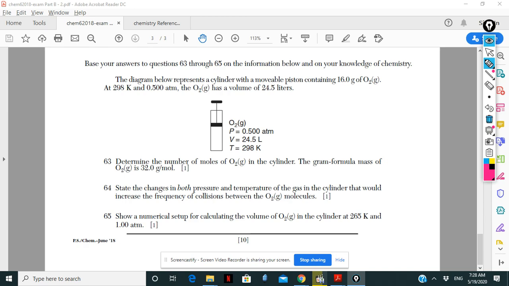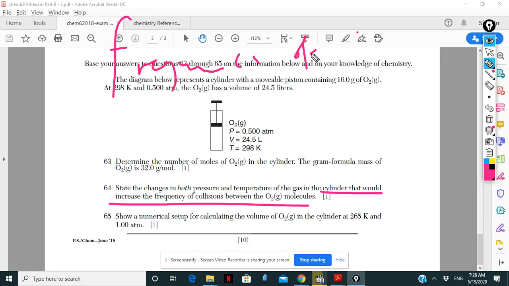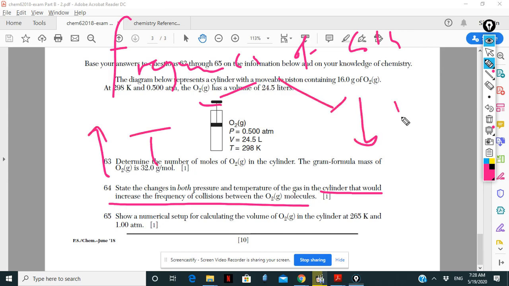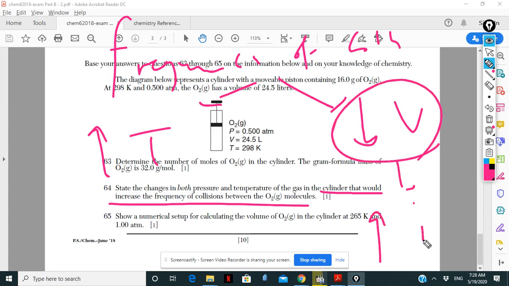Question number 2. State the change in both pressure and temperature of the gas in the cylinder that would increase the frequency of collision. To increase the frequency of collision, either increase the temperature or decrease the volume. And decreasing the volume is going to be through increasing the pressure.